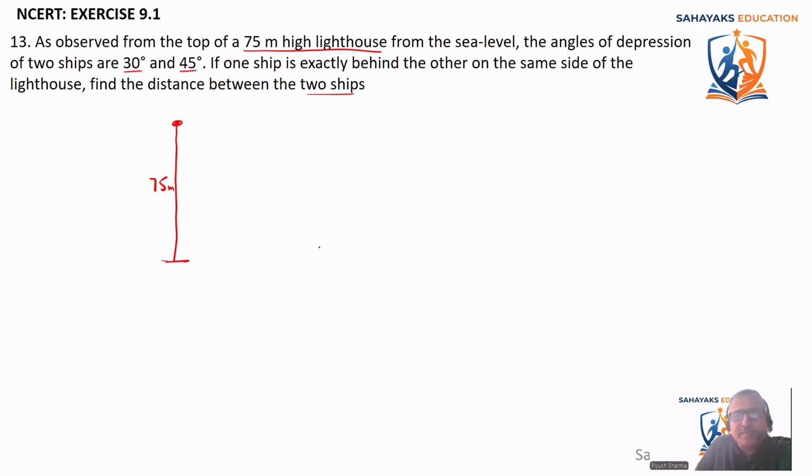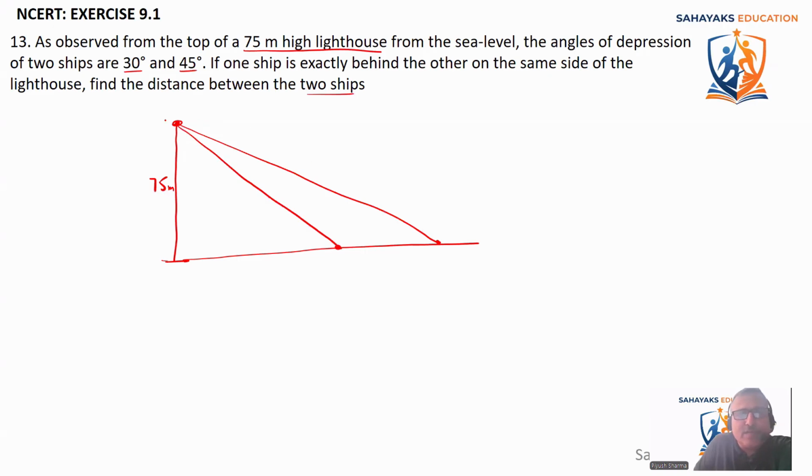Now, the angle of depression of two ships. So there is one ship here, and there is one ship here. They're saying both the ships are in the same line on the sea. So for one ship, the angle of depression comes out to be 30 degrees, and for the other, 45 degrees.